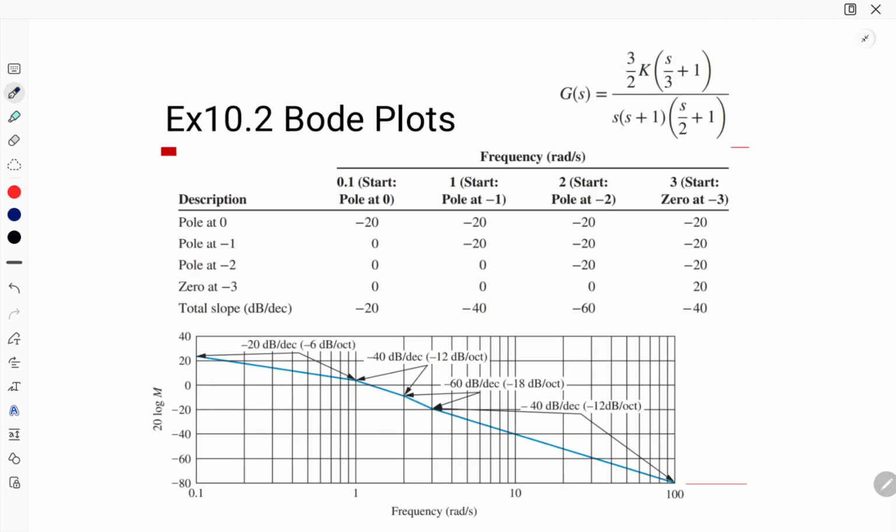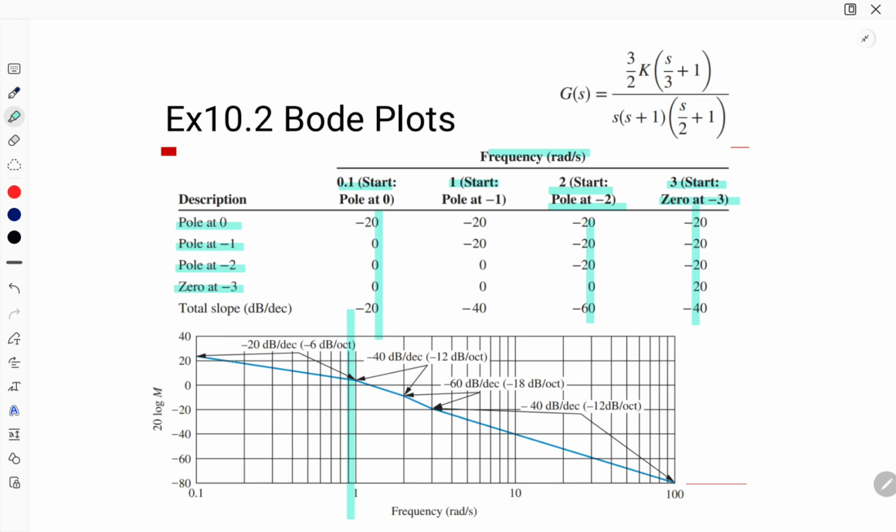So this is your Bode plot, and that would be the summary: due to pole at 0, that's S, pole at minus 1, S plus 1, pole at minus 2, S plus 2, 0 at minus 3, it's on the numerator, S plus 3, and you just check what happened to the frequency at the start. At 1, something significant happens, and 2, 3.